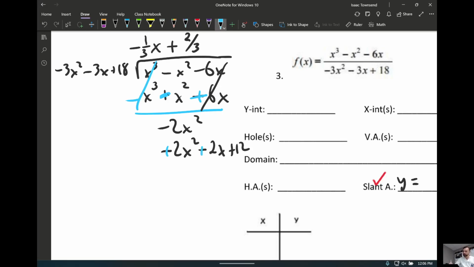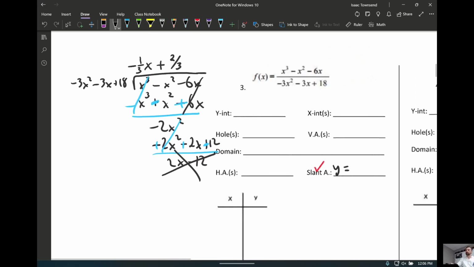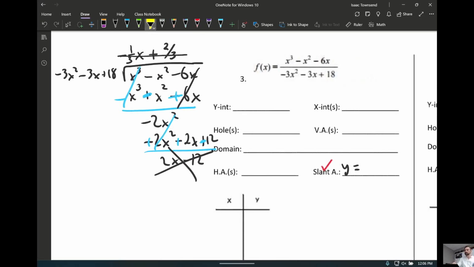I'm kind of rushing through this part because this ends up being a remainder, which most of the time in mathematics is important, but not for slant asymptotes. For slant asymptotes, it's going to be y equals whatever the quotient ended up being. Negative 1/3 x plus 2/3.